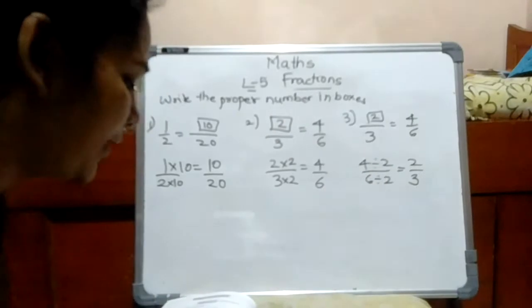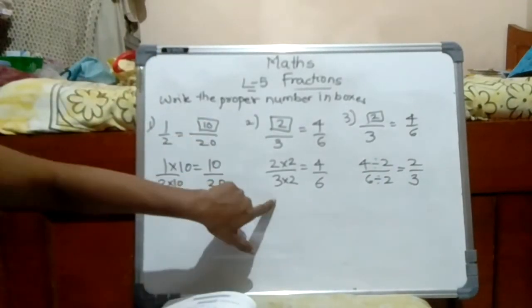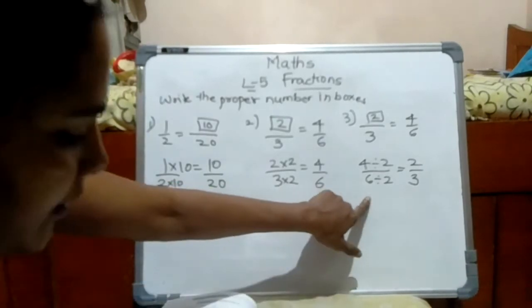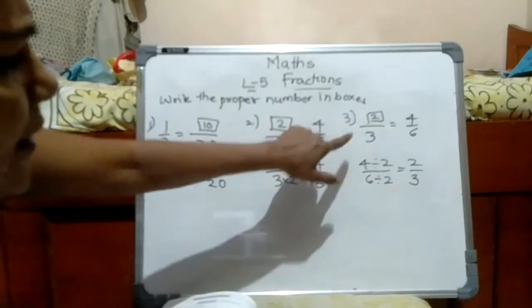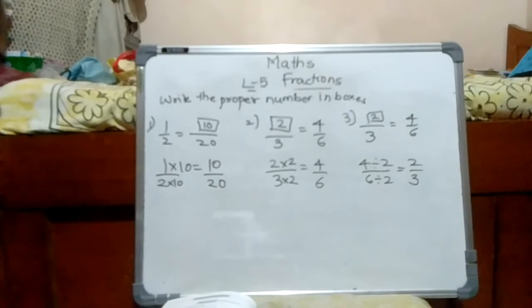So here we will be writing 2. Same problem in the multiplication form, and here it is in the division form. Answer we get same whether we multiply or divide.